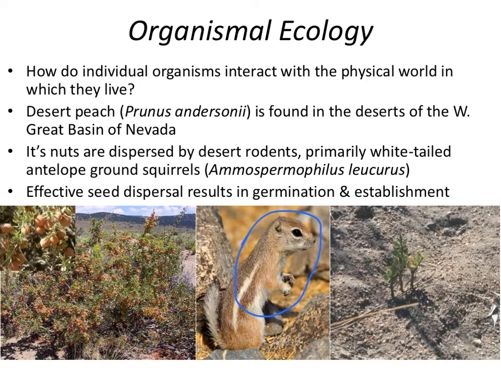So obviously the stimulus in this case would be desert peach, which is kind of like an almond. It starts out a little bit fleshy, but then all you have is a nut with the kernel inside.